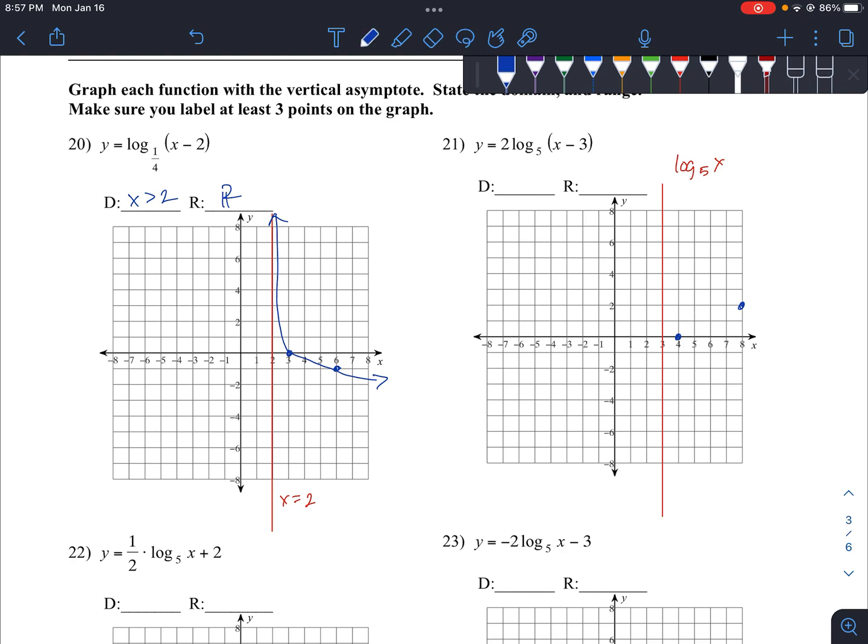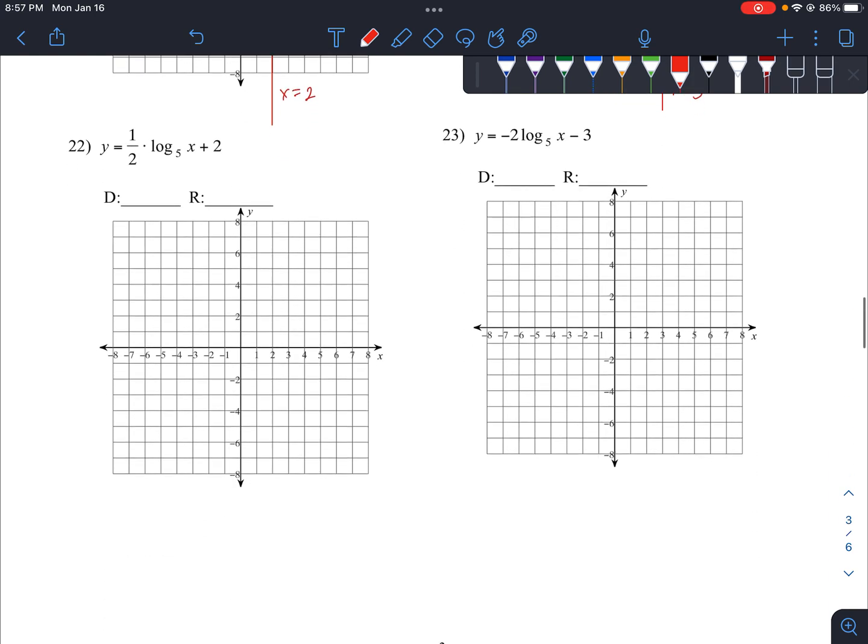Then go ahead and graph this. It'll go like that, and there is our function. The domain would be x is greater than 3, range is all real numbers, and this is the line x is equal to 3.